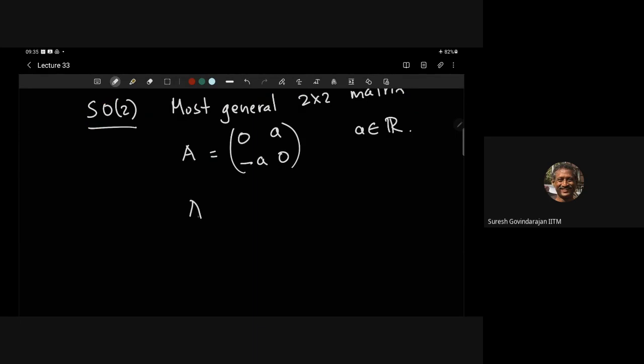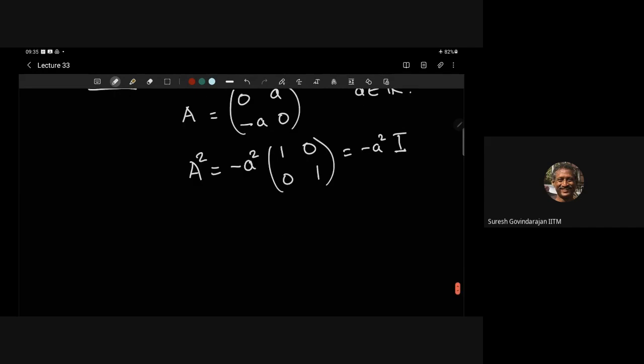You will see that A squared is equal to minus little a squared times identity. It squares to minus 1. This kind of trick that we will use is very easy. So it says that e to the A, we'll write it out as follows.